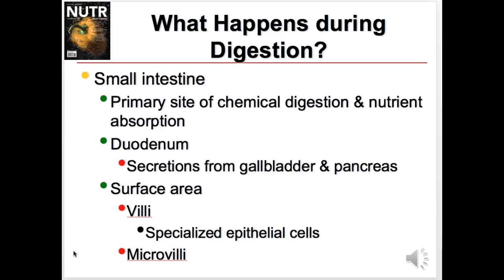Then we have the surface area of the small intestine, which has villi and microvilli. Microvilli increase intestinal absorptive surface area approximately 30 to 600 fold. So they provide exceptionally efficient absorption of nutrients in the lumen.